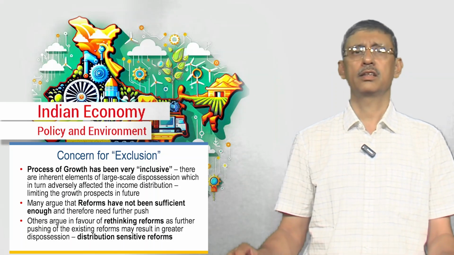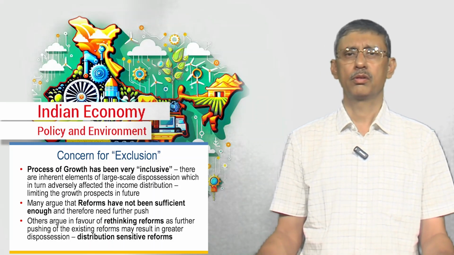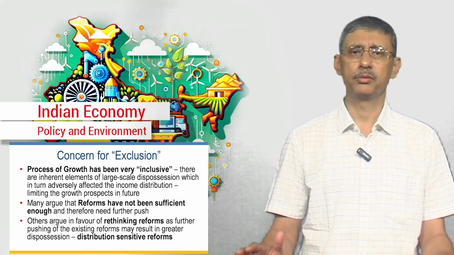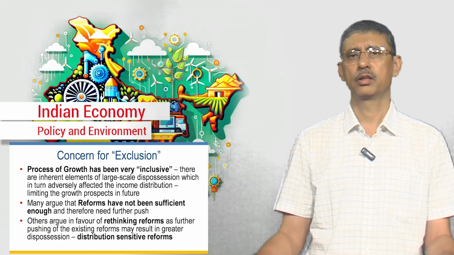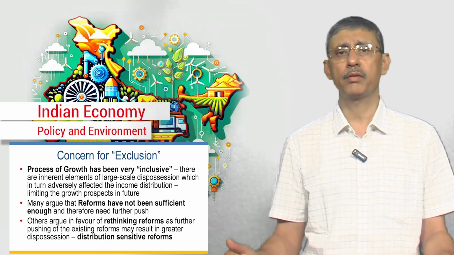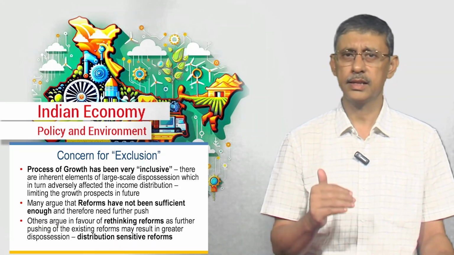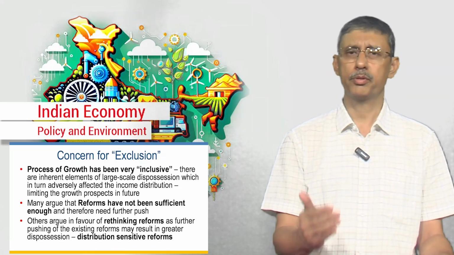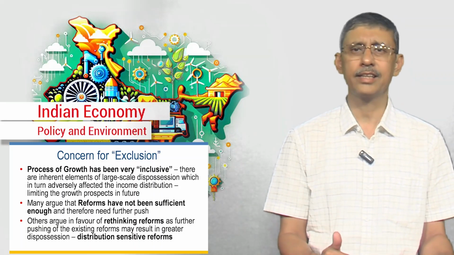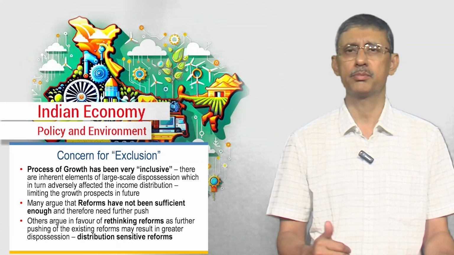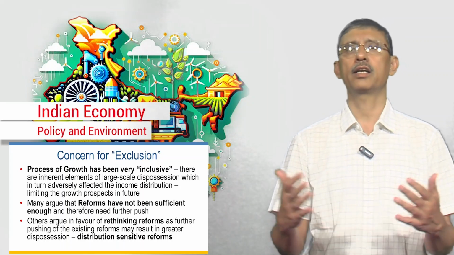Now, this gives us a question of whether we should continue or whether we should actually rethink the reform. The others argue in favor of rethinking, because if the process itself is exclusionary, the process is not creating jobs, there is an element of dispossession within the process, then if you try to push it further, there will be further exclusion.